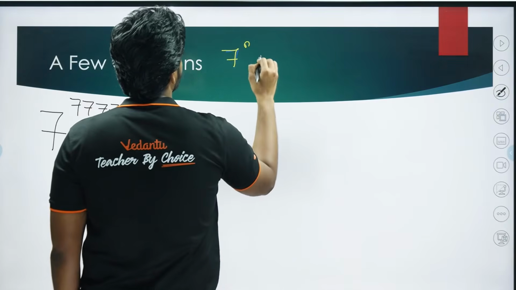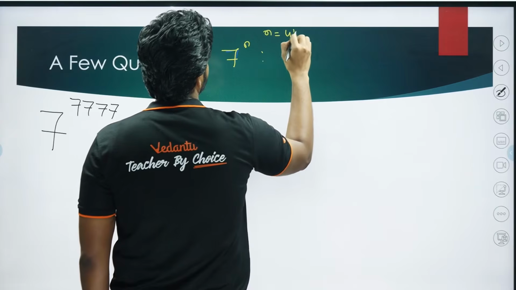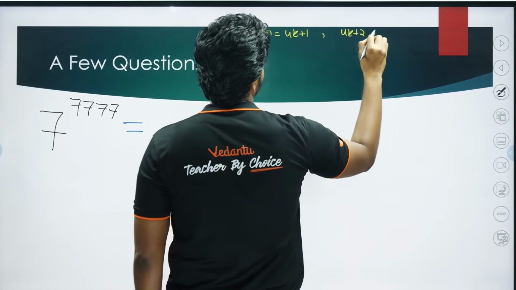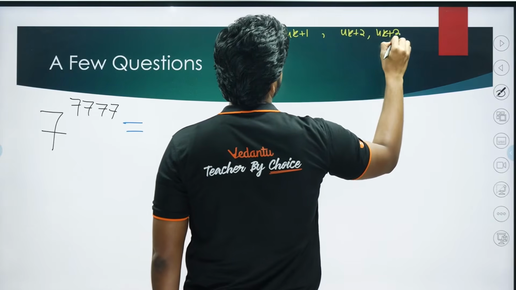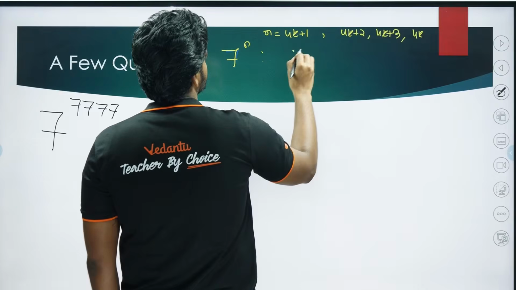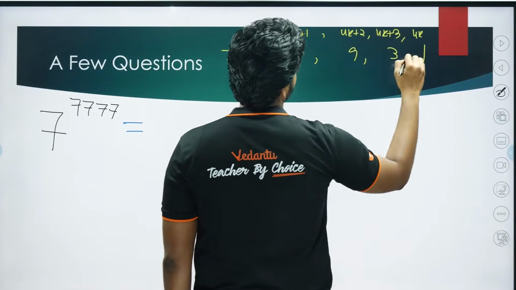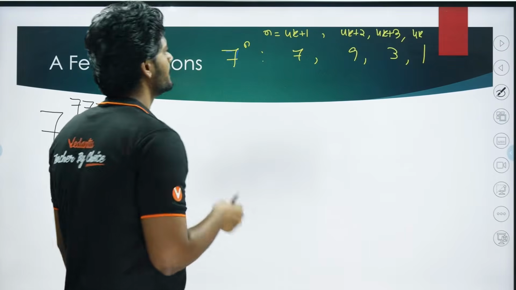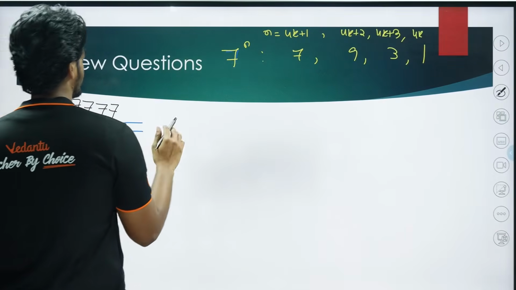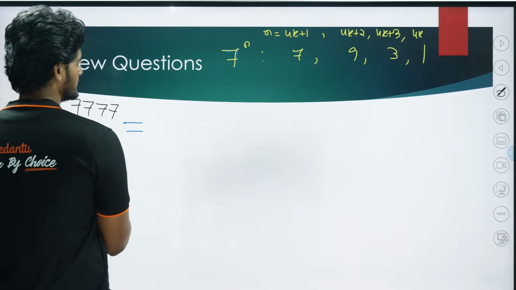So 7 power n, for n equal to 4k plus 1, 4k plus 2, 4k plus 3, 4k, it is 7, 9, 3, 1, right? That's the pattern for 7.